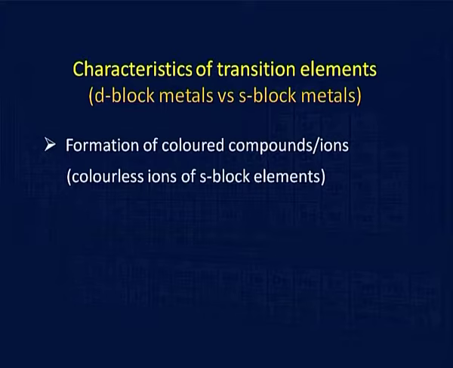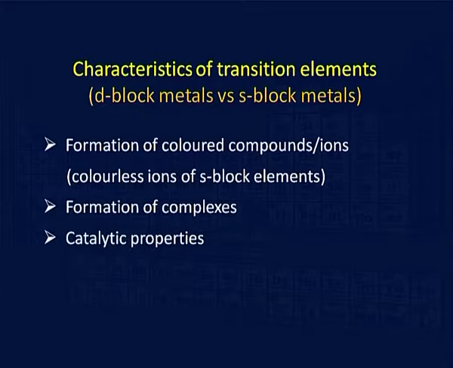Another important property of the transition elements is their ability to form colored compounds. In other words, the chemistry of transition elements is colorful chemistry, while the chemistry of s block or p block elements is colorless chemistry, or black and white chemistry. And therefore, if we like color, we have to learn the chemistry of transition elements. Moreover, transition metals form a large number of complexes.